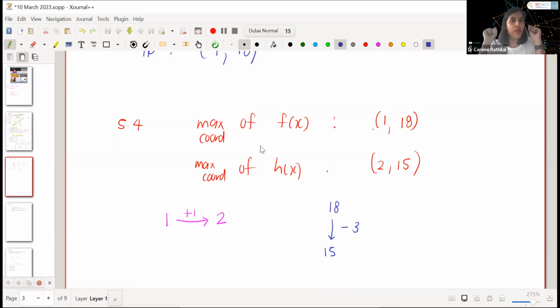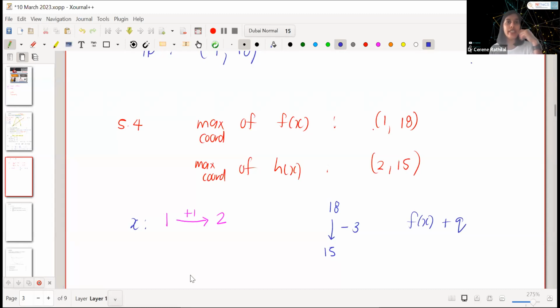Now, what I need you to remember are your rules of translation. So what are the translation rules that you had learned in school? When you add a value to y, to the output of a function, if I've got f of x, then I will just add the q to it, right? If I'm minusing 3, it means I've shifted the graph down. If I'm adding 3, it means I've shifted the graph up, okay? But now here, this change is not about the output f of x. This change here is affecting the input x.